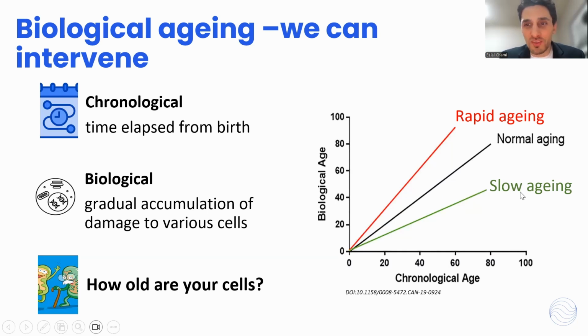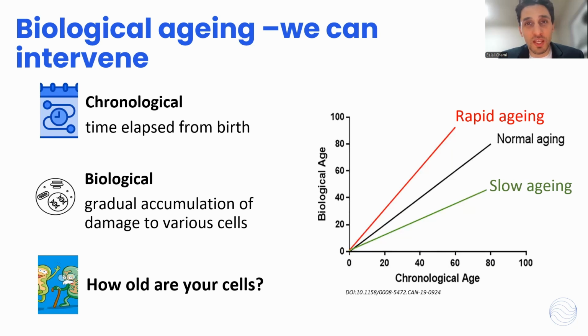So this tells us that there is room for us to work. In other words, there is a therapeutic window where we can intervene and increase the activity of cells. And that's going to mean that the cells behave in a more youthful way, irrespective of the age of the individual.